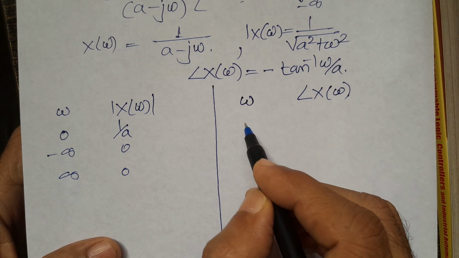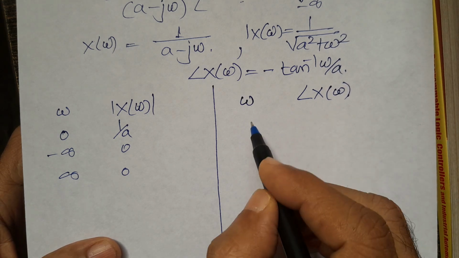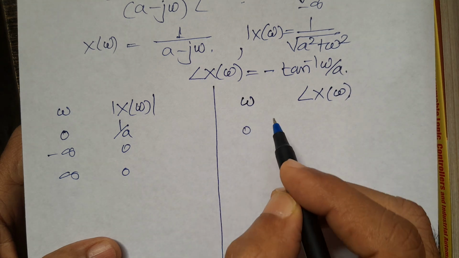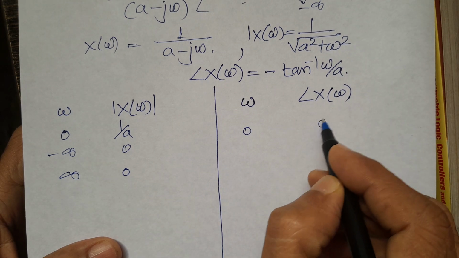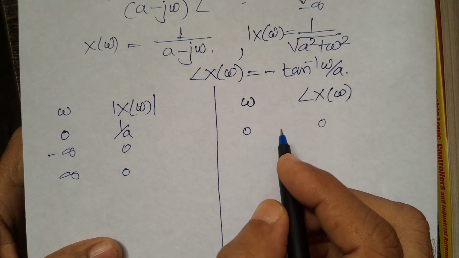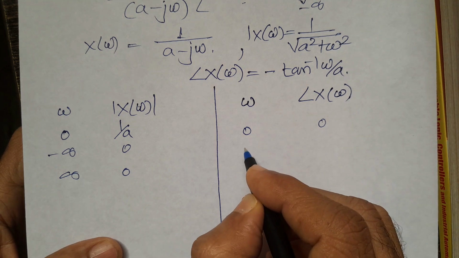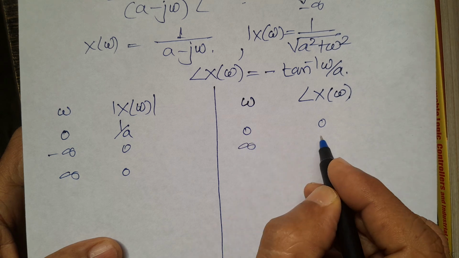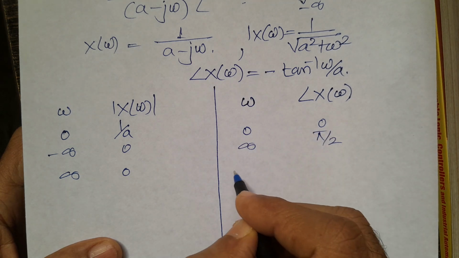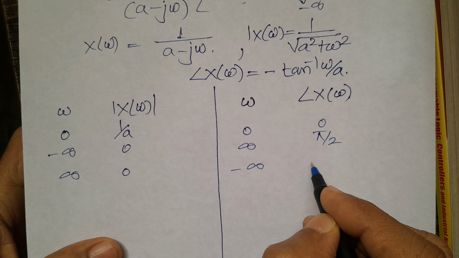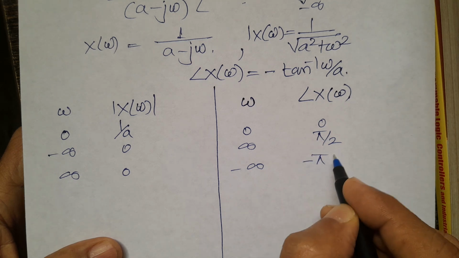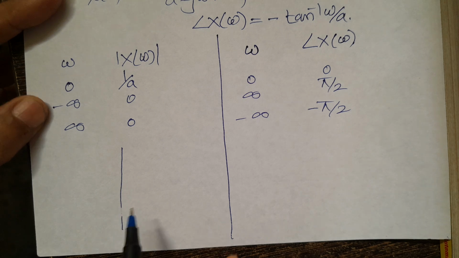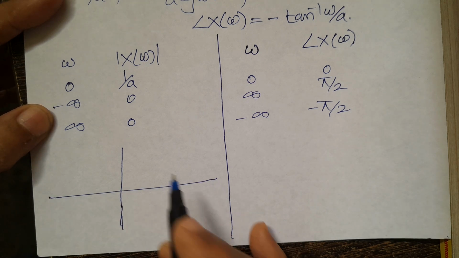When omega is equal to 0, the angle is 0. When omega is infinity, it is pi by 2, and when omega is minus infinity, it is minus pi by 2. From this we now calculate the phase and magnitude plots.